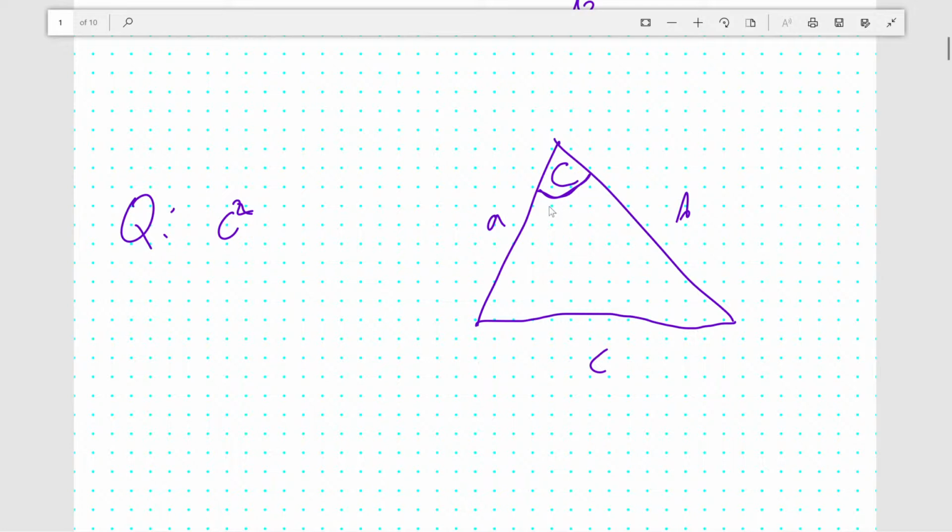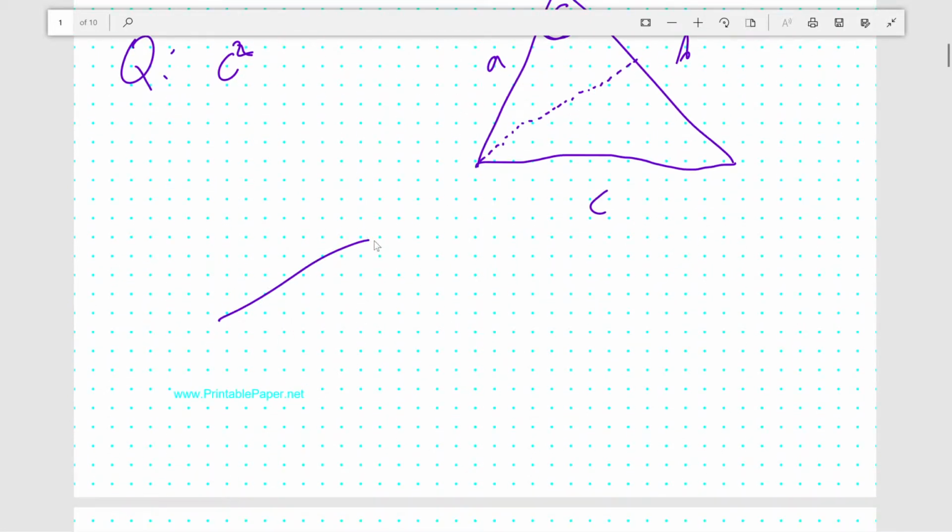Alright, so say you have this triangle here. The first step is going to be the same as when we were proving the sine rule. We're going to split this triangle up into a couple of right-angled triangles.